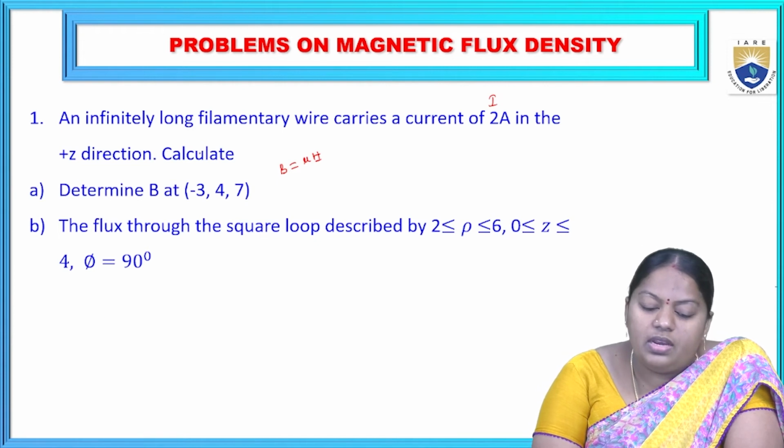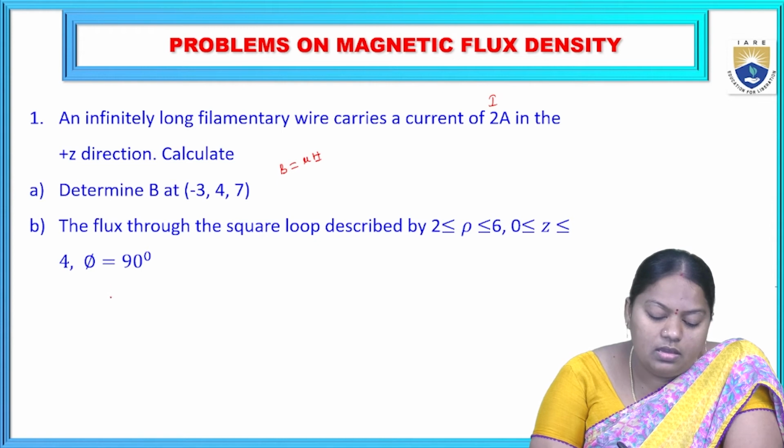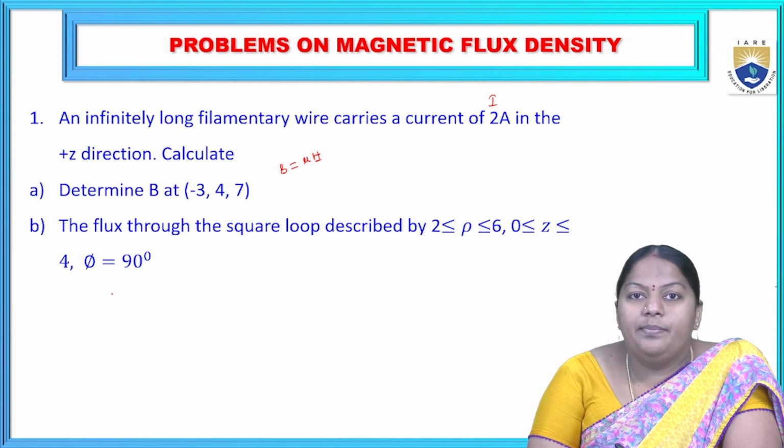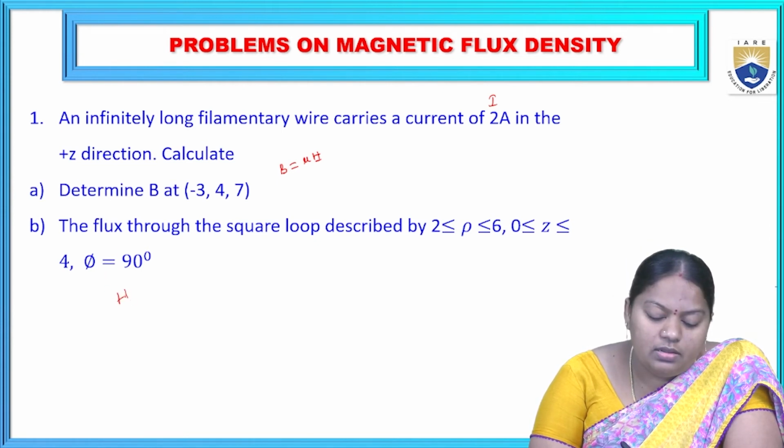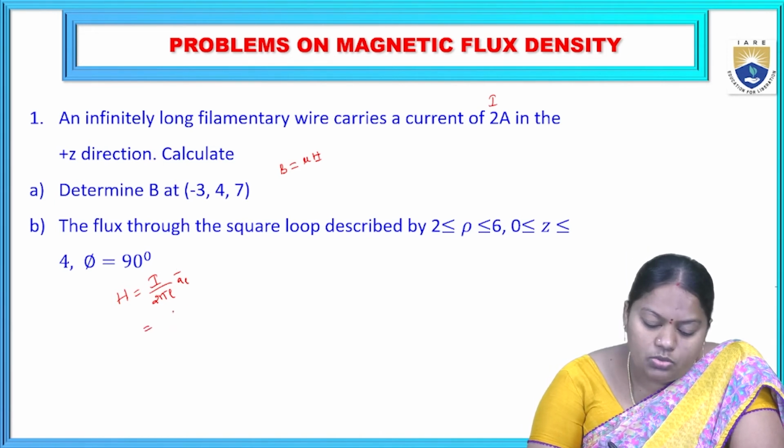Now for an infinitely long filamentary wire carrying a current, using Ampere's circuital law, we will find the value of H, that is I by 2 pi rho into a rho. Right? So the I value is given as 2 amperes, so 2 by 2 pi rho into a rho.